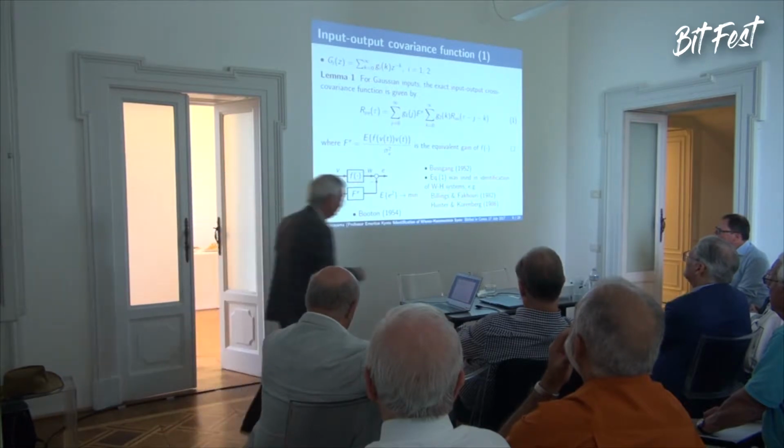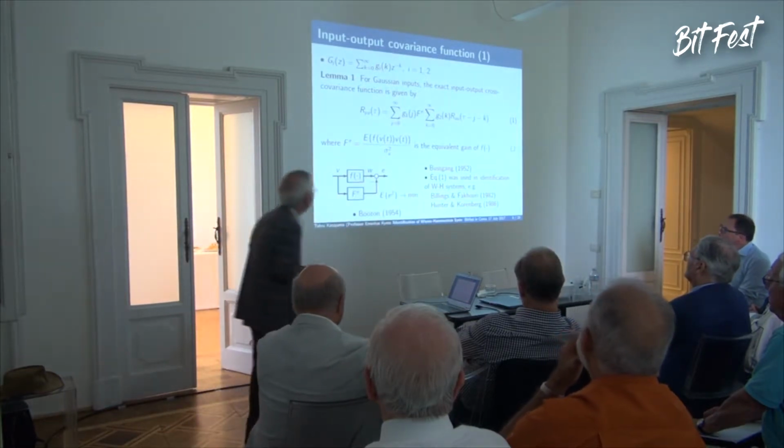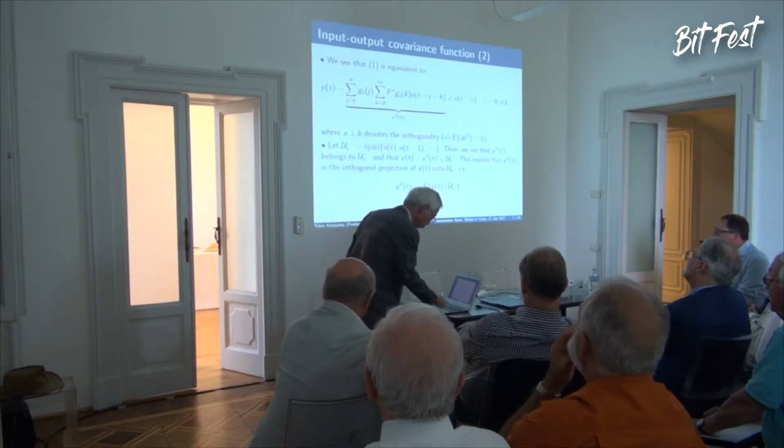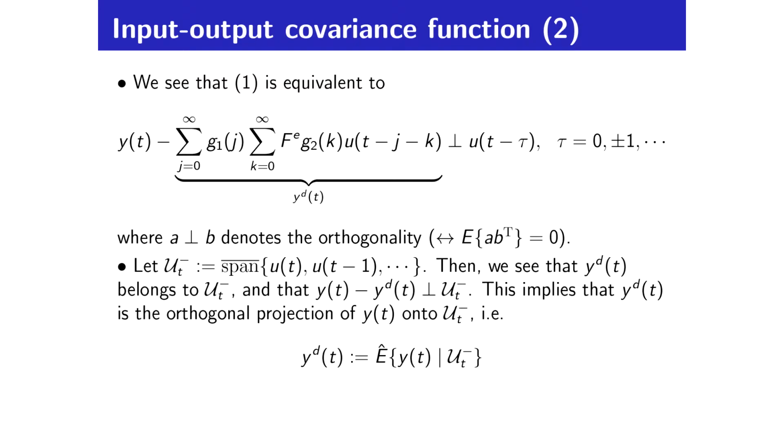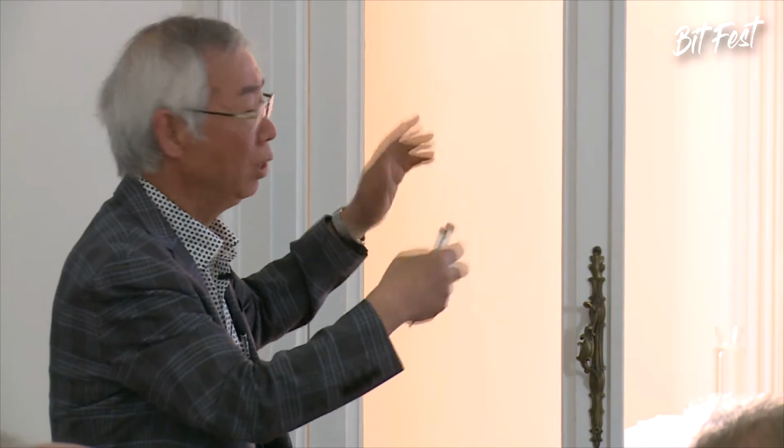But we reinterpret this equation by using orthogonal projection. Equation 1 is equivalent to this one. We define that yt minus yd is orthogonal to ut minus tau. If we multiply both sides and take the expectation, we recover equation 1. The perp symbol denotes orthogonality.